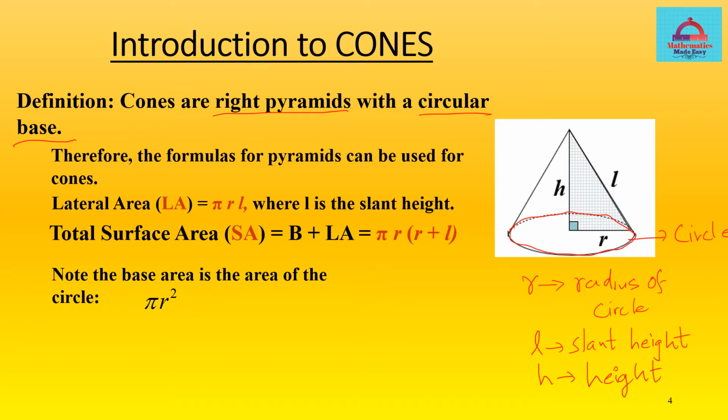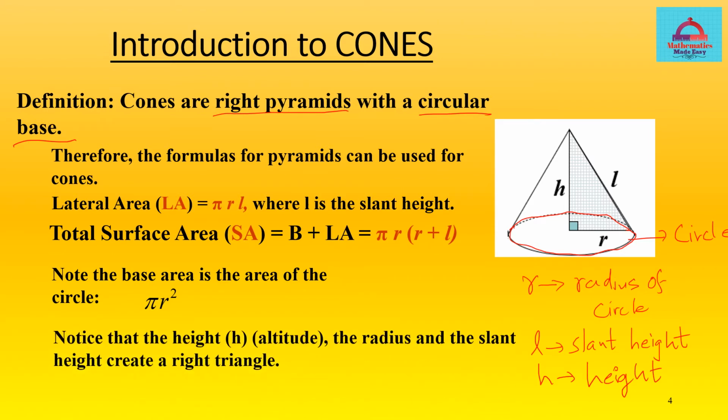Okay, so if r, L and h, these three variables are given to you, then you can easily find the lateral area or the total surface area of a cone. So the lateral surface area is pi r L, pi is 3.14, you all know it's a constant, and total surface area can be given by adding the lateral surface area and the area of the base. Now here the base, as we just saw, is a circle.